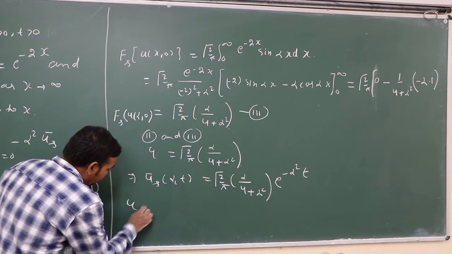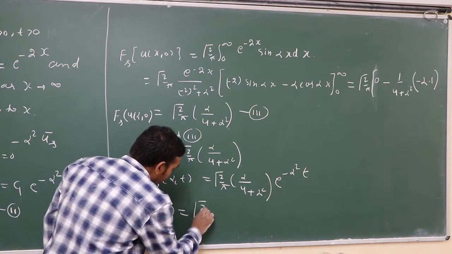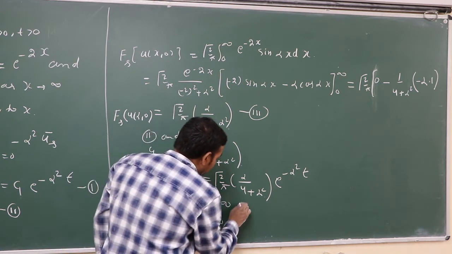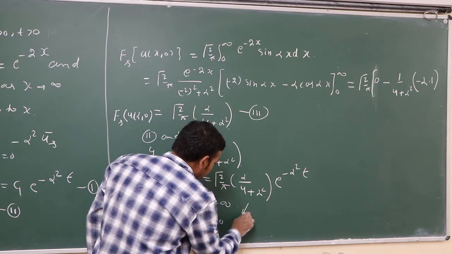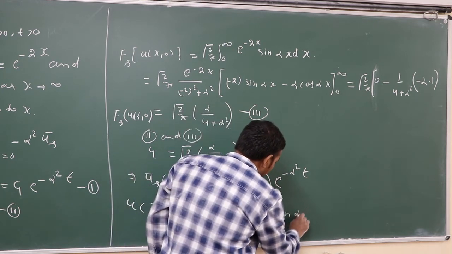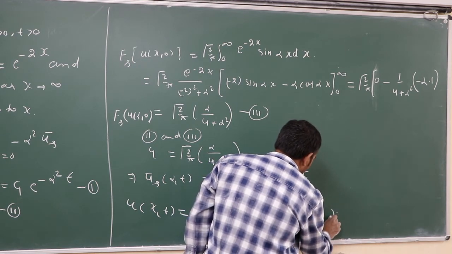So the solution is x t equal to under root 2 upon pi, integral 0 to infinity, this whole term will come here, sin alpha x d alpha.